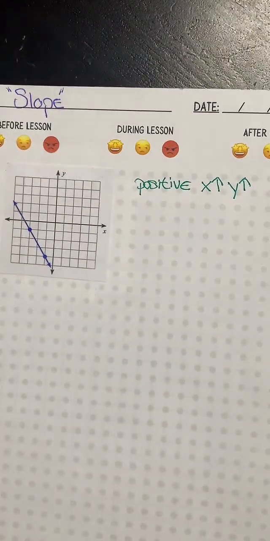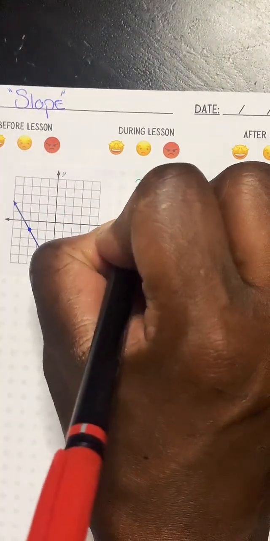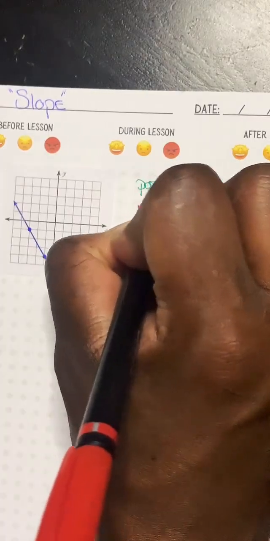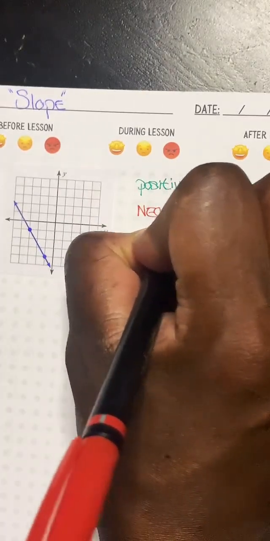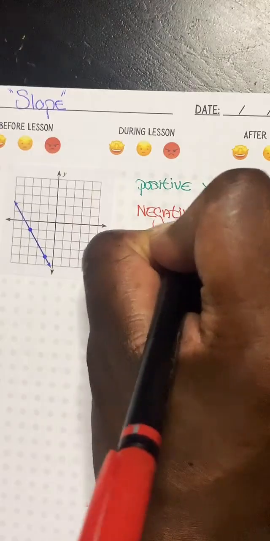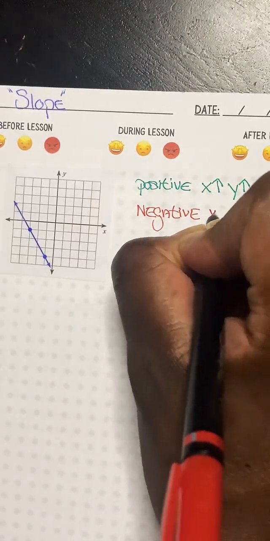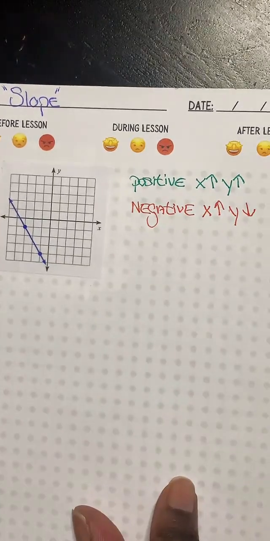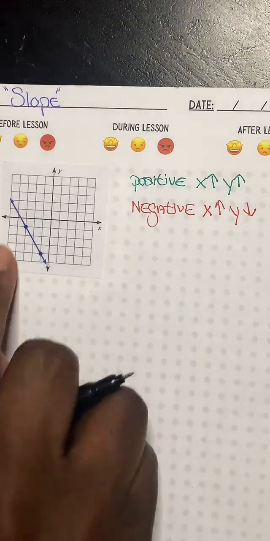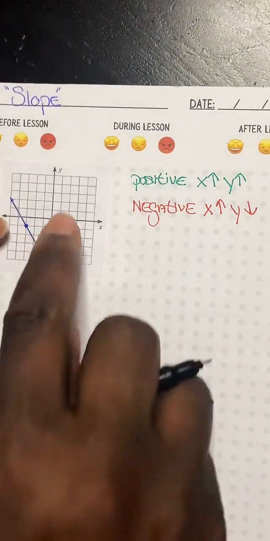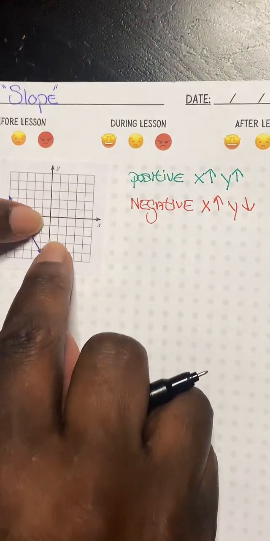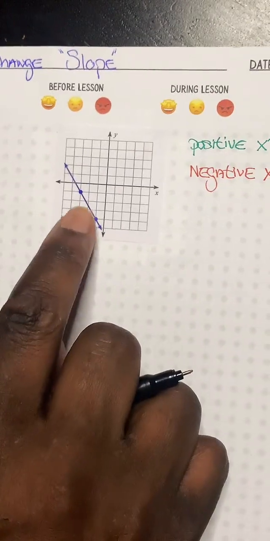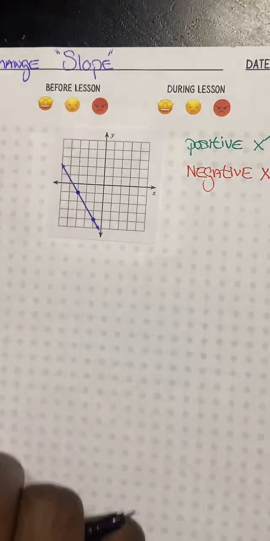The other one is called your negative slope. That's when your x is increasing, but your y's are decreasing. So as my x's are increasing, my y's are going down. Just like our example right here.